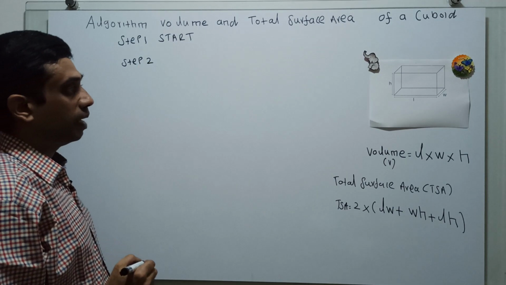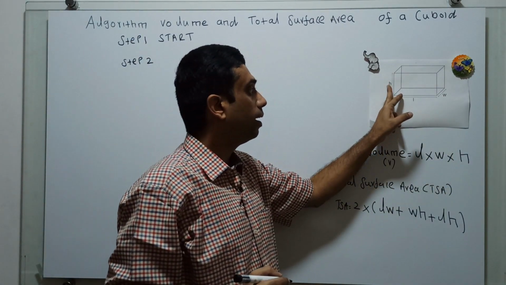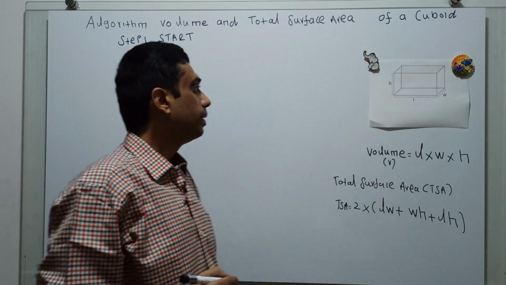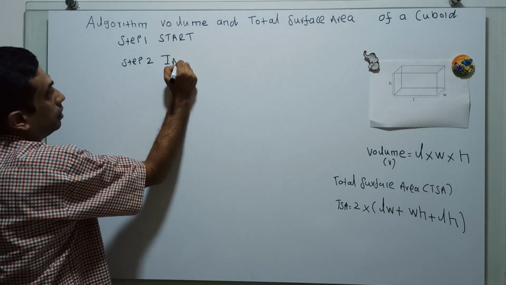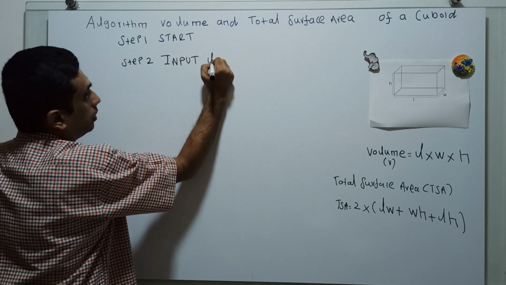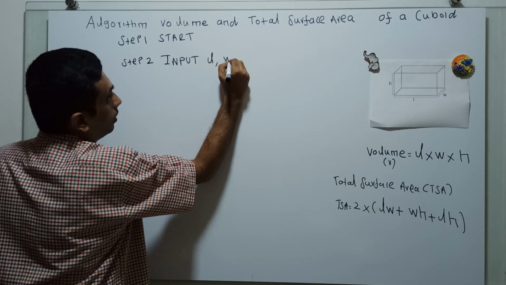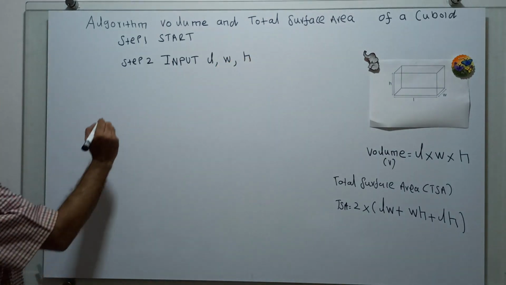Step 2, I am obtaining length, width and height of the cuboid as an input. Input length, width, height.